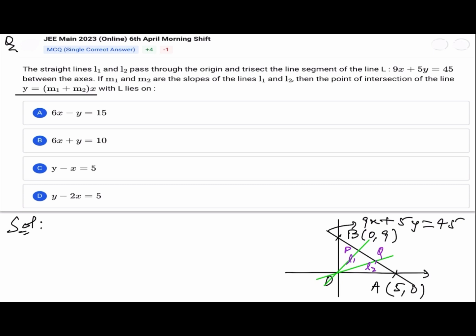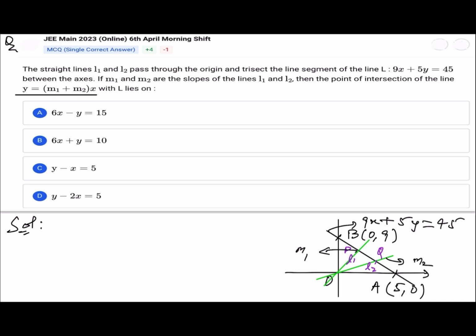M1 is nothing but the slope of L1 and M2 is nothing but the slope of L2. If I have P, then I can have M1 by the two-point form. Similarly I can have M2. So I am trying to find P and Q.